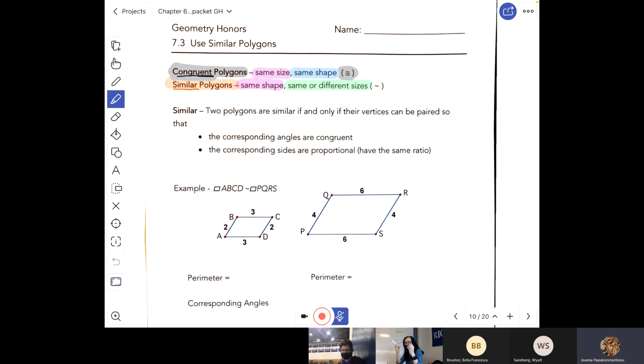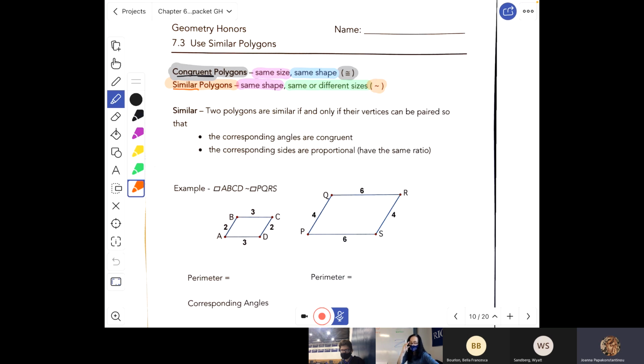So while congruency and similarity deal with the same shape, for the polygons to be congruent, they have to have the same size. I did that in the wrong color. I meant to do same shape. Yeah, I did it right. I try to color coordinate for you. Similar polygons have the same shape. They may be the same size, in which case they are also congruent. But if they are different sizes, we can only say they are similar. And the symbol to denote similarity of two figures is just a single tilde.